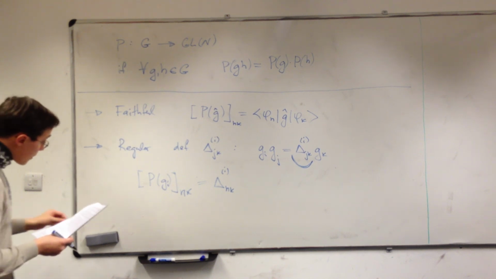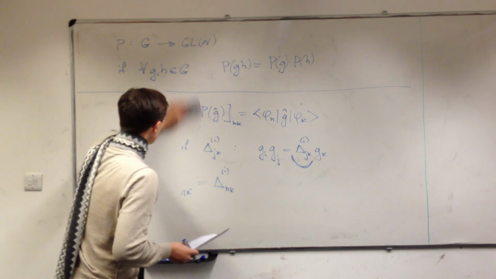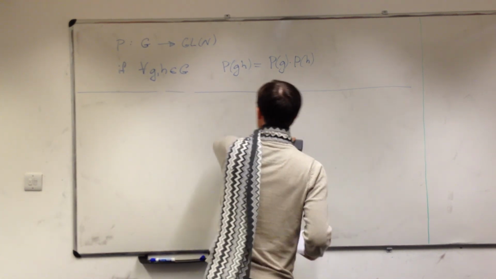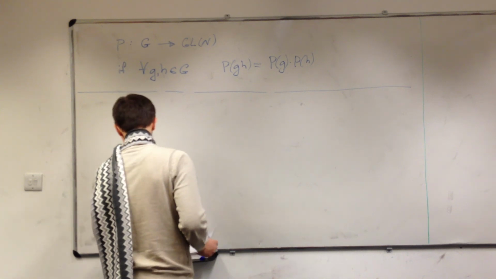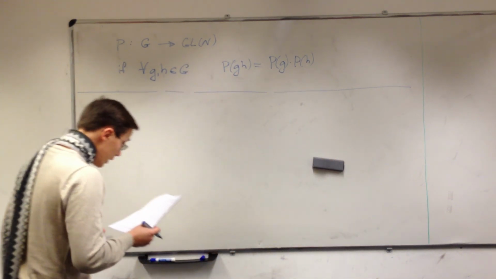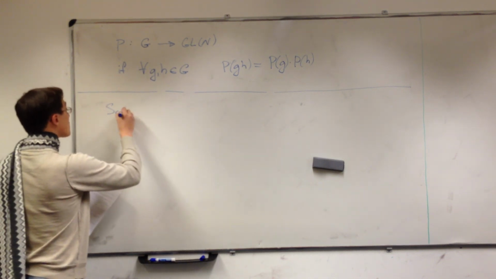Now let's give an example of a lossy representation. That is a representation that is actually losing information. For example, when 2 elements are mapped into the same element inside GLN. One example is the so-called scalar representation.